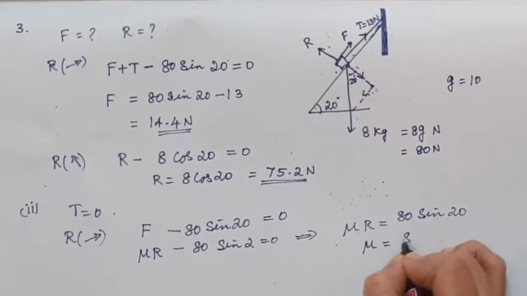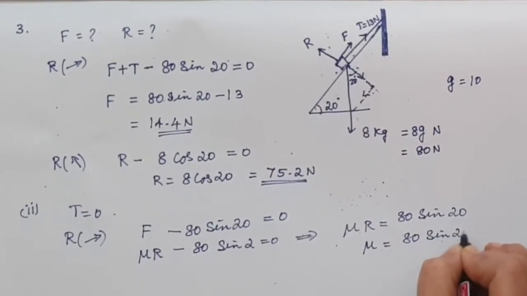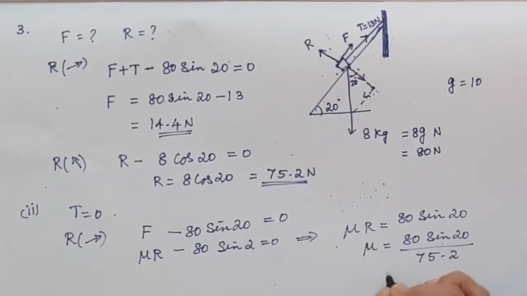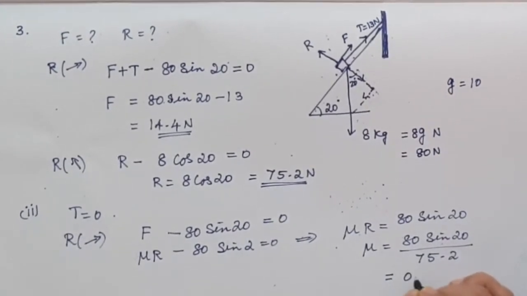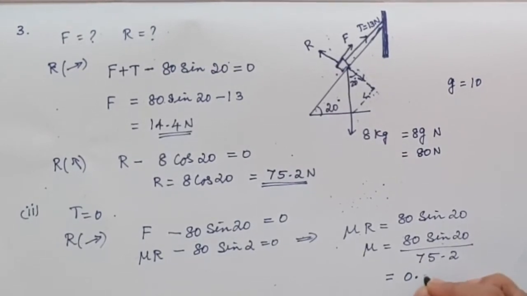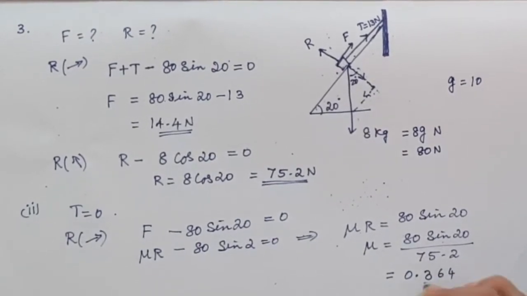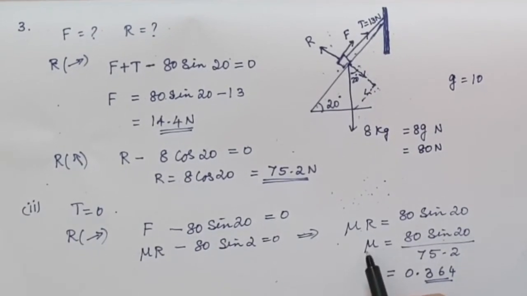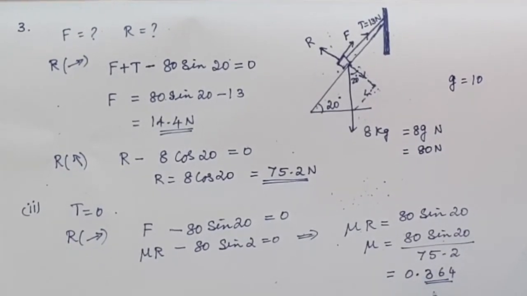So mu equals 80 sine 20 divided by our value for R, which is 75.2. When we simplify it, 0.364 is the value for mu, the coefficient of friction.